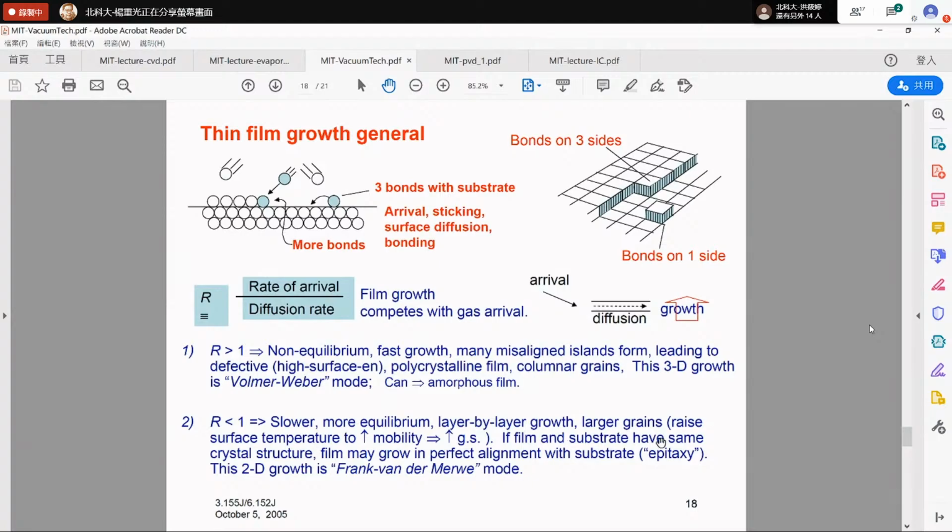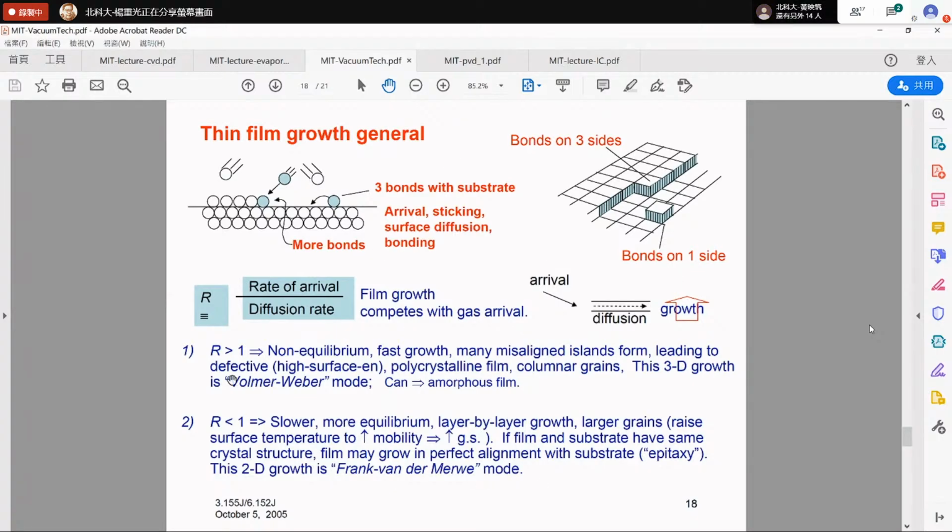If the film and substrate have the same crystal structure, we say this is epitaxy, and this is two-dimensional growth. This we call the Frank-van der Merwe mode. So please memorize this.